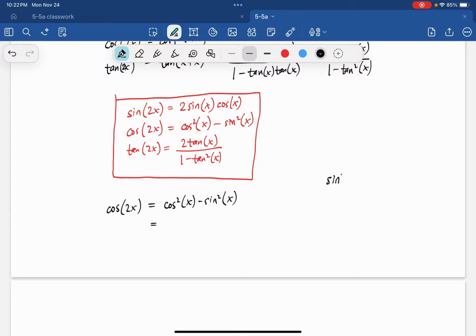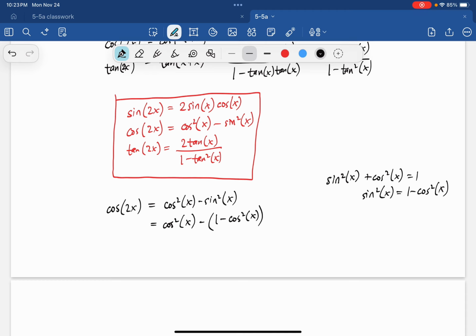Because sine squared plus cosine squared equals 1, remember that. And so that means sine squared equals 1 minus cosine squared. We should have that down pretty well now. And so that means we can replace that sine squared like this. So we would have cosine squared minus, in parentheses, 1 minus cosine squared x.